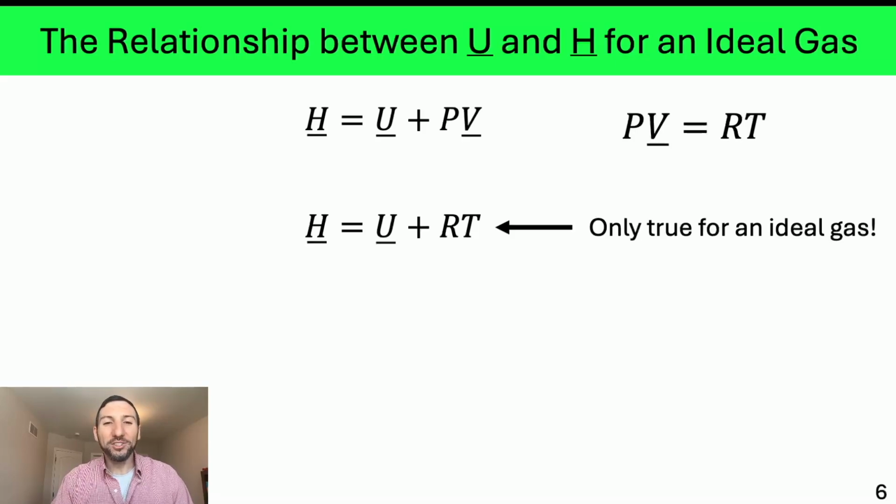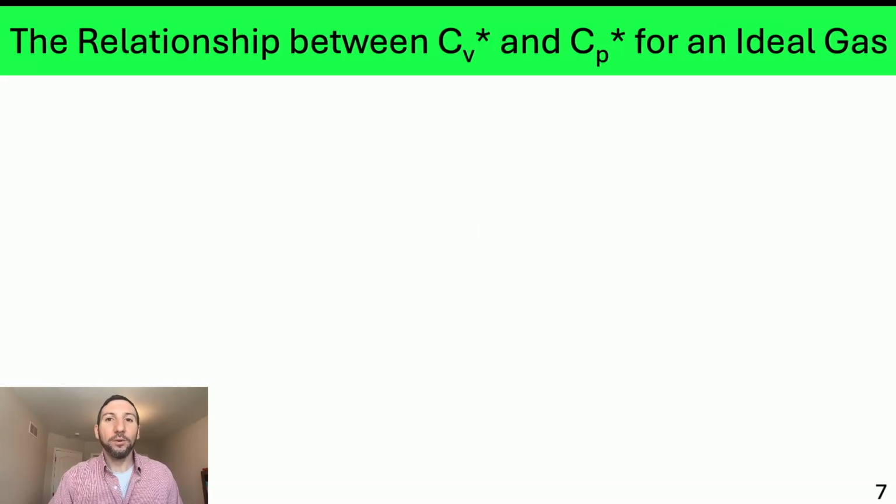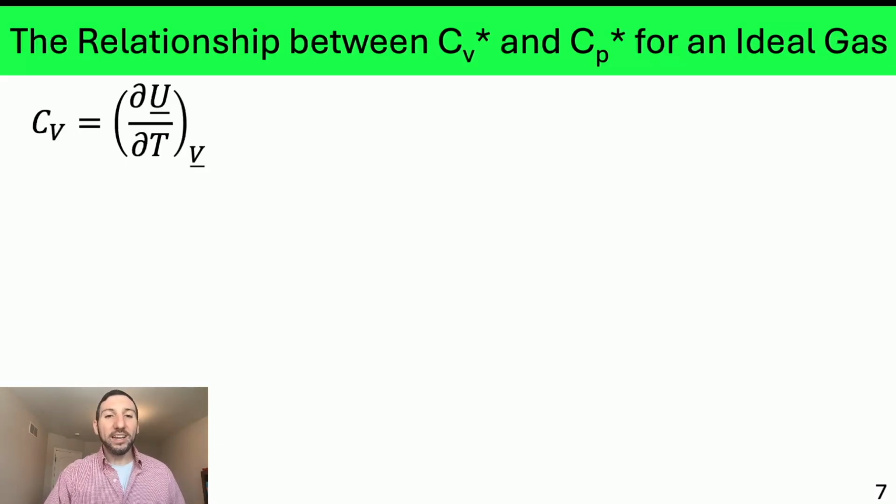The other relationship that comes up is one that relates our constant volume and constant pressure heat capacities together. So in this case, if we look at our constant volume heat capacity, it's equal to the partial derivative of our specific internal energy with respect to temperature at a constant molar volume. Now, we can rearrange that and it eventually becomes dU bar equals Cv star dT.